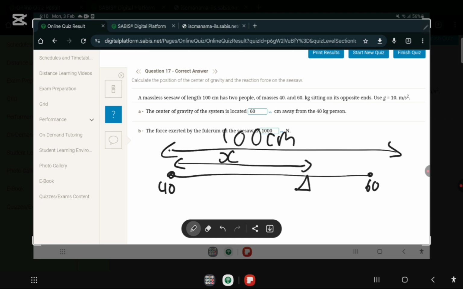Okay, first thing we do is, since it's going to be in equilibrium, you convert kg into weight, so it's going to be 400, since mass times gravity equals weight. So 400 times x equals 600 times, in brackets, 100 minus x.